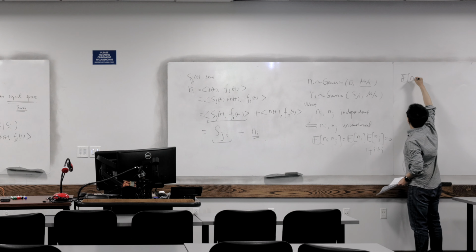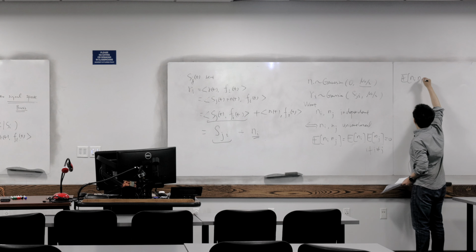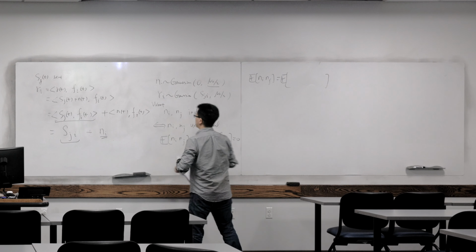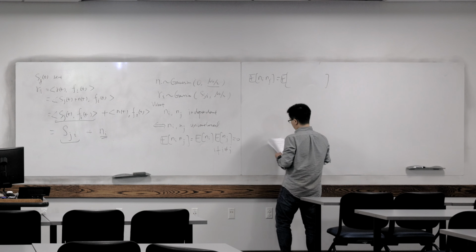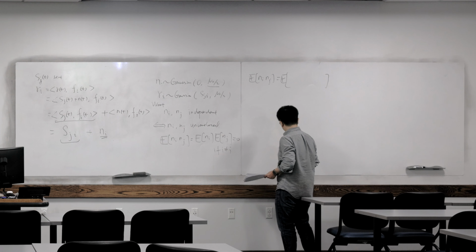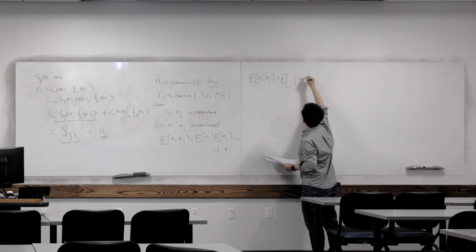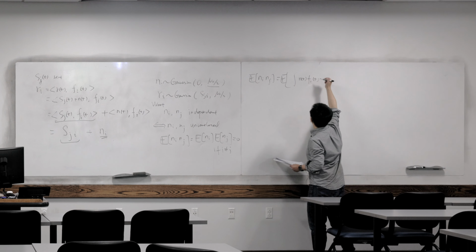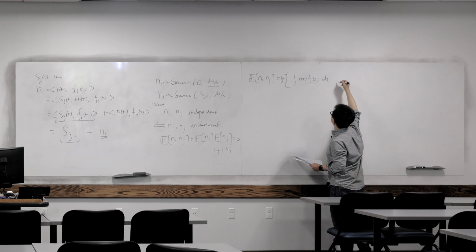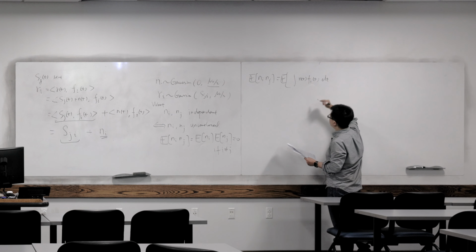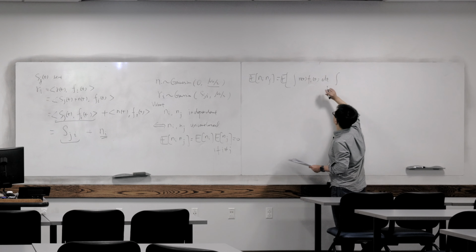So the expectation of Ni times Nj equals the expectation of the product of two inner products: the inner product between Nt and Fi(t), integrated dt, multiplied by another inner product.